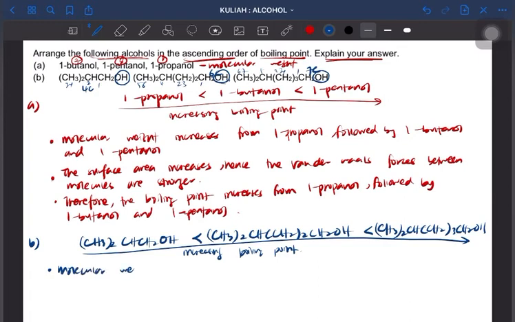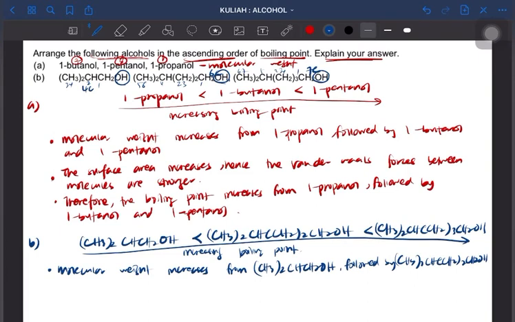So molecular weight increases from CH3 CH2OH followed by CH3 CH2OH and CH3 CH2 CH2OH.